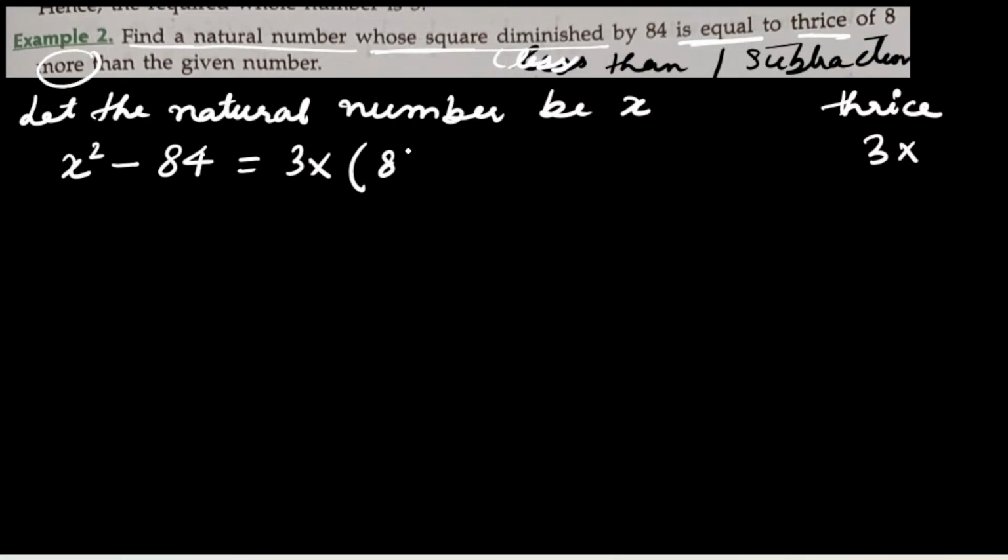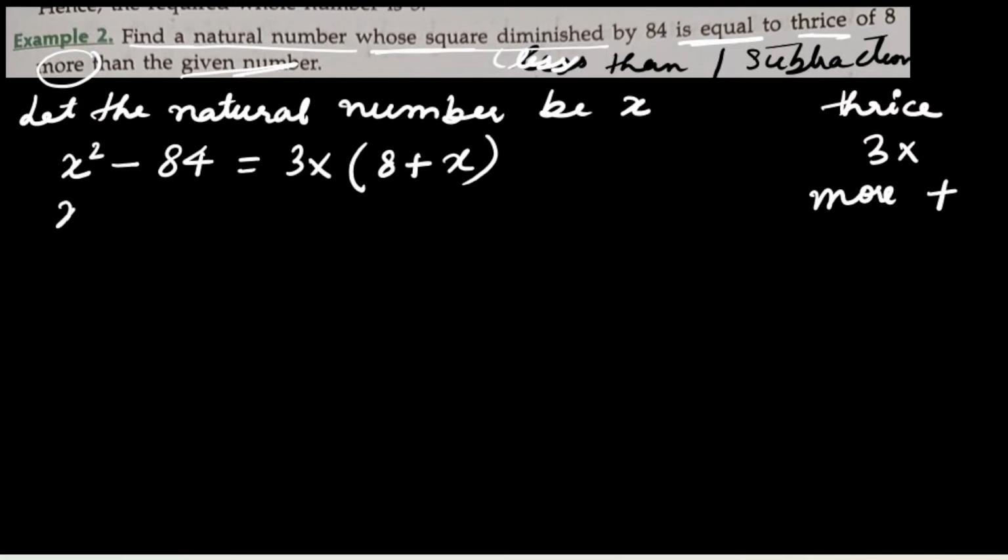More in maths means plus. In maths you have to remember the symbols. More in maths means addition, plus. So it is equal to thrice, 3 into 8 more than the given number. What is the given number? 8. The given number is 8. So you just have to read one by one whatever word is there, and write the word in this form.